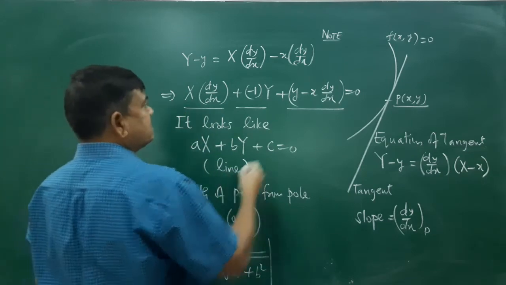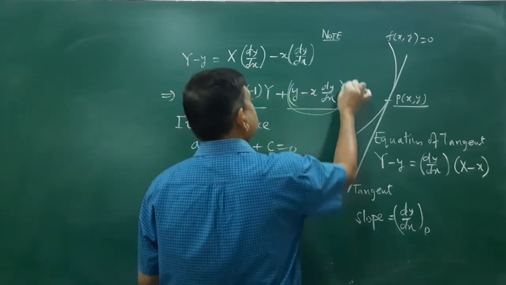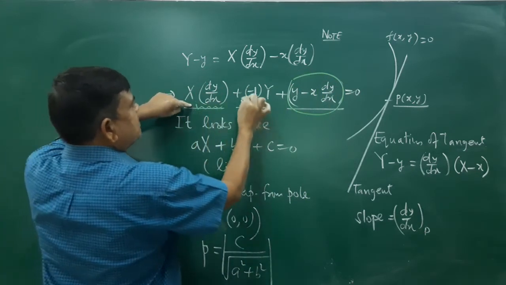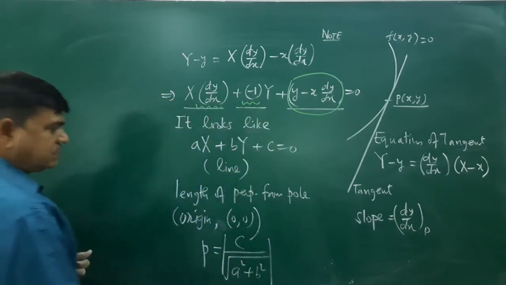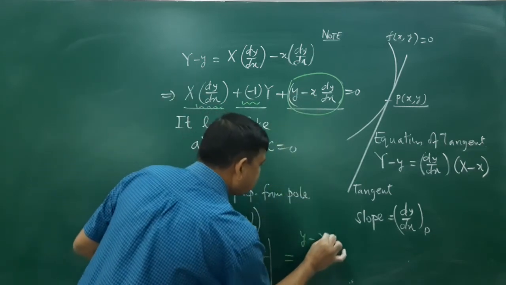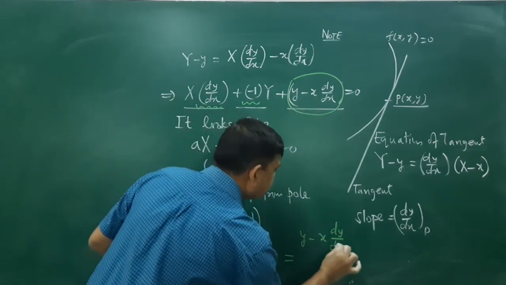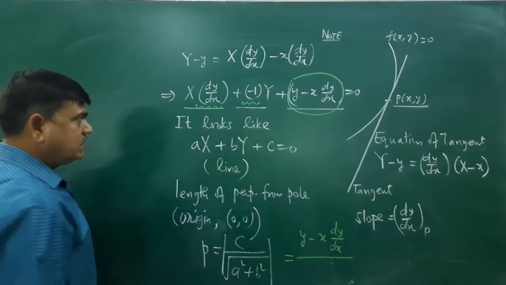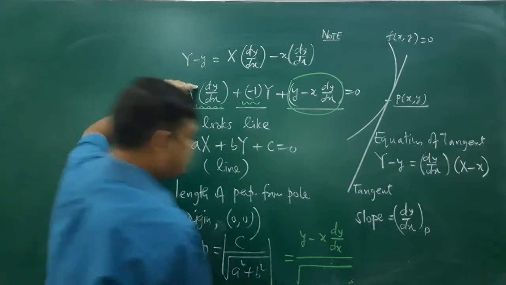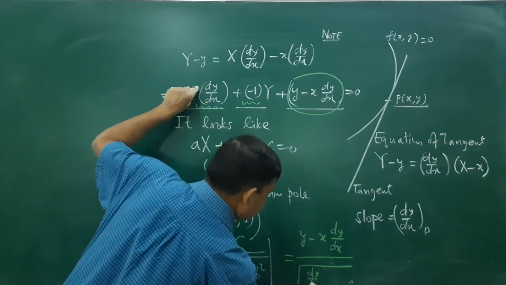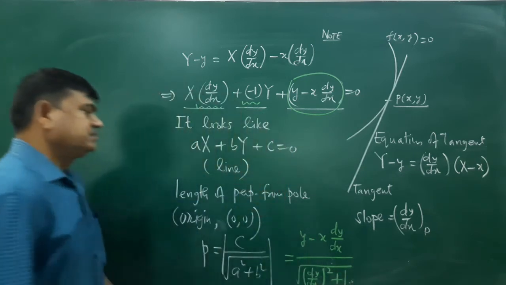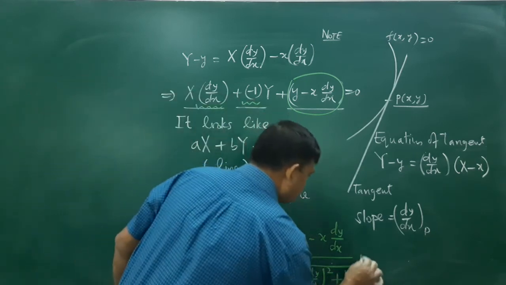Compare: a means this, b means this one. So this will be y minus x dy by dx upon under root a square plus b square, so it is dy by dx whole square plus 1. Note this point.